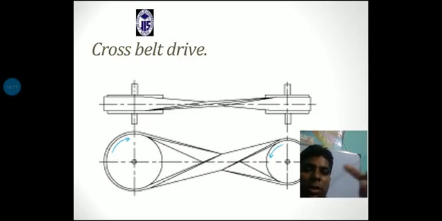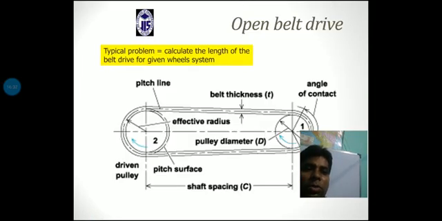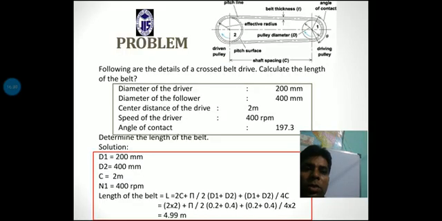In that type of belt drive system, the slipping chance will be less. No slipping chance will be there, because it can be used for high power or high torque transmission capacity. It is a versatile system, and that is used as a center to center distance.